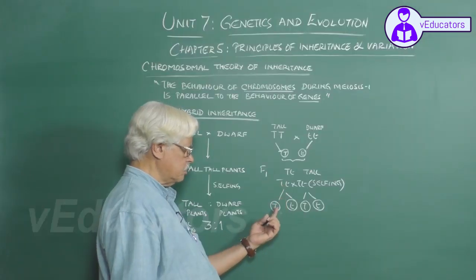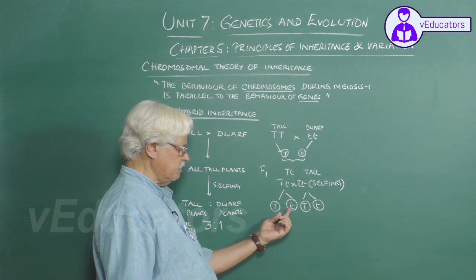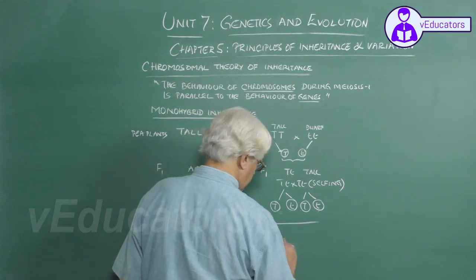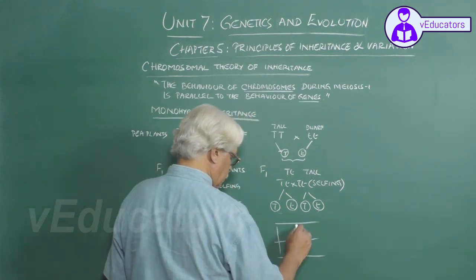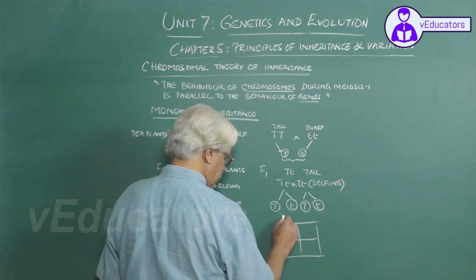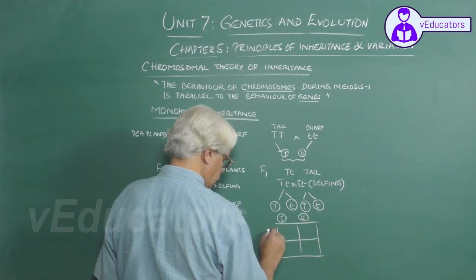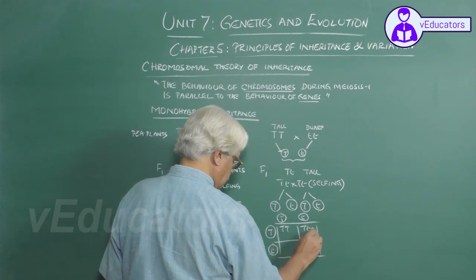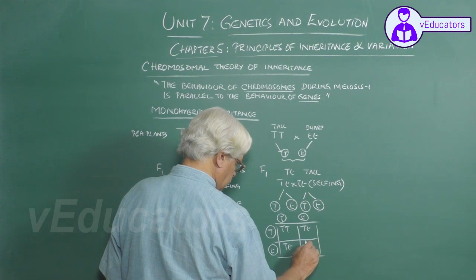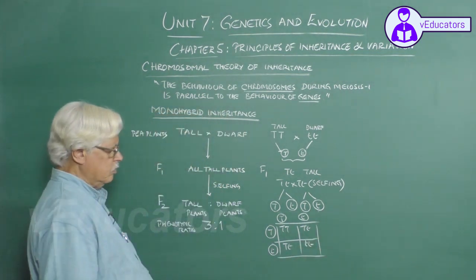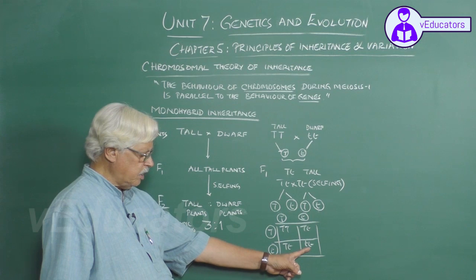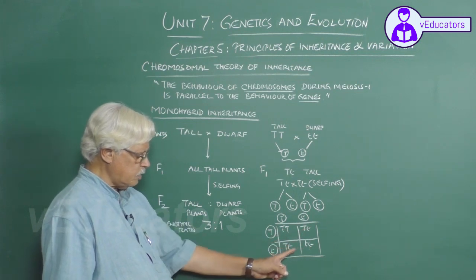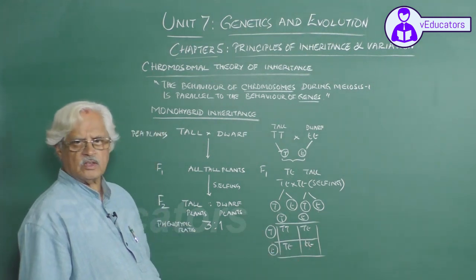So two types of gametes, and 4 combinations are possible: three tall plants and one dwarf plant, one homozygous tall plant, two heterozygous tall plants, and one homozygous dwarf plant.